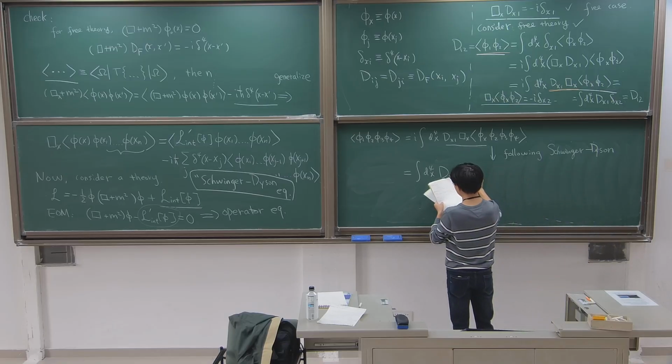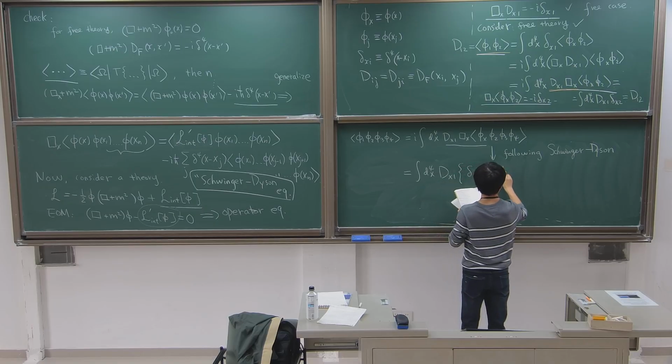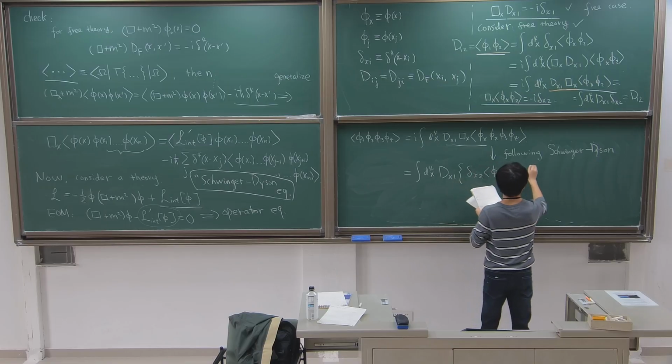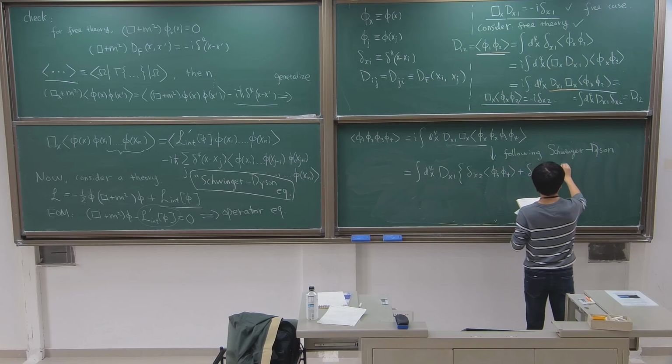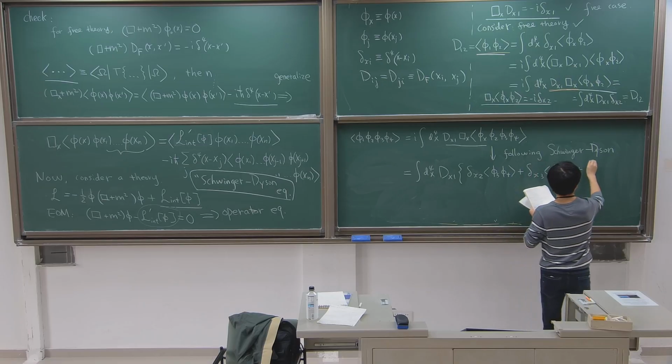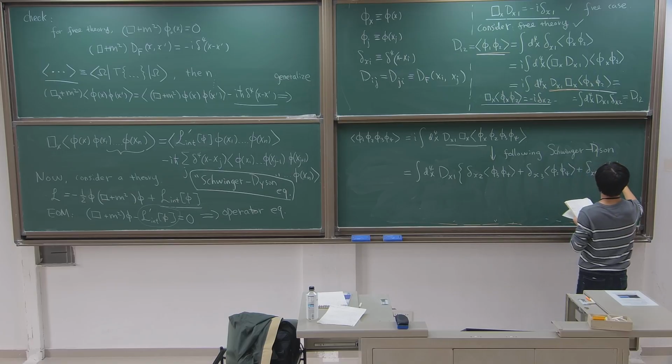So there are many pieces. I just write the sum explicitly. What I have is this one, delta x3, I2, I4, plus delta x4, I2, I3.